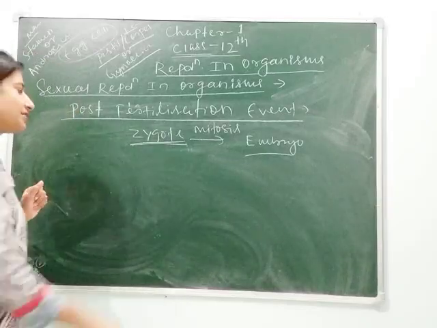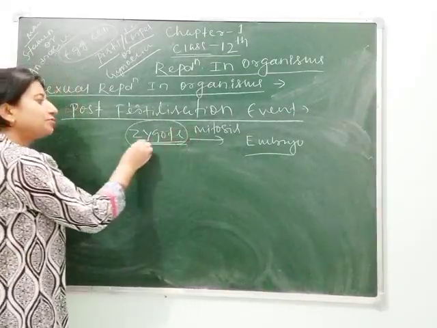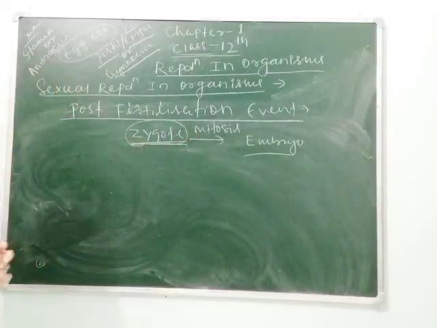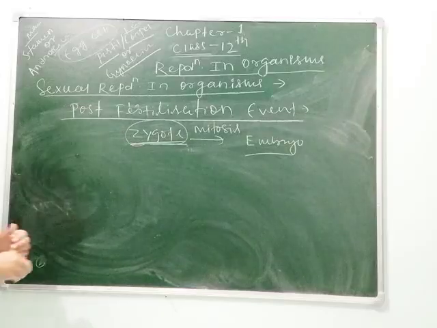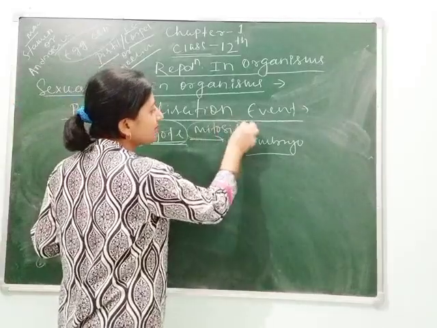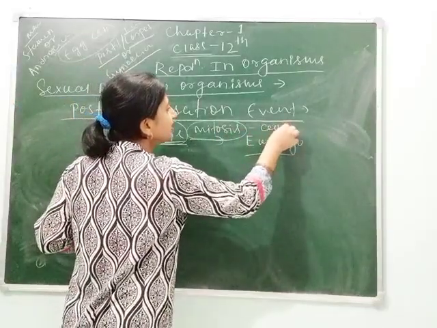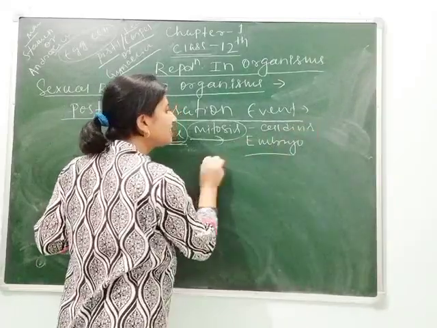In the case of plants, the zygote starts dividing and the fruit and seed are formed. So we can say embryogenesis. In embryogenesis, cell division means mitosis, and cell division and cell differentiation occur.